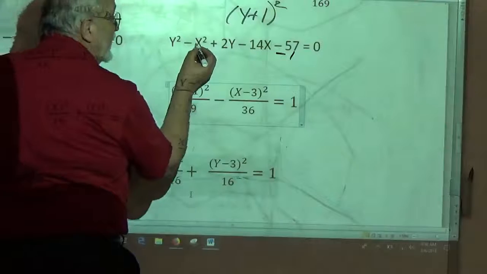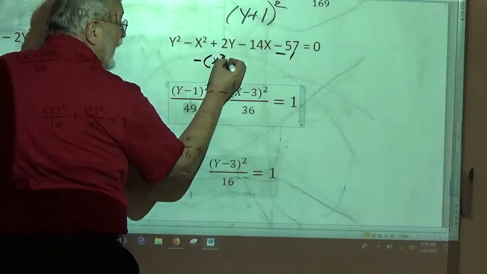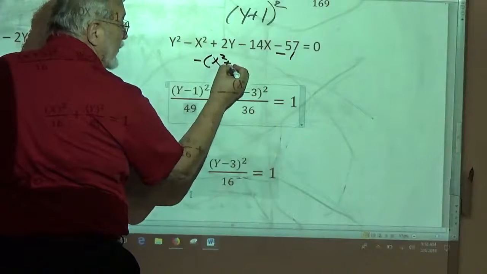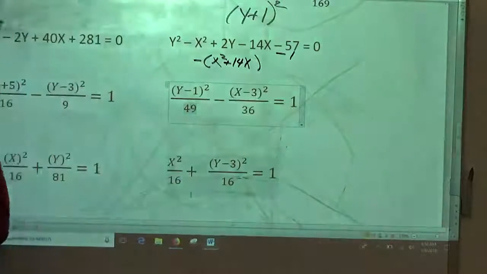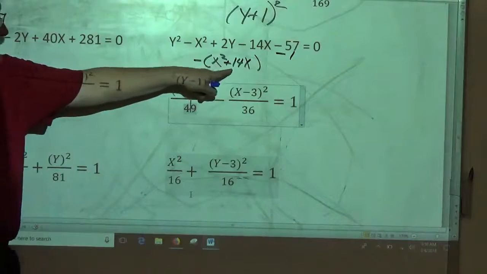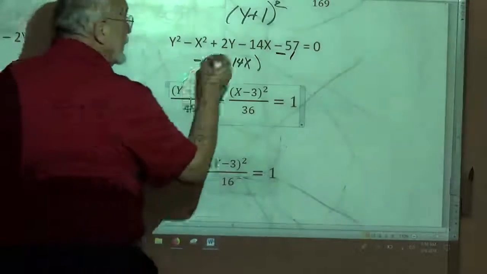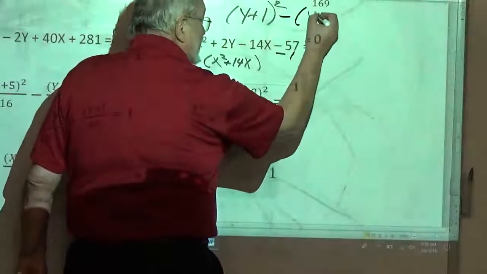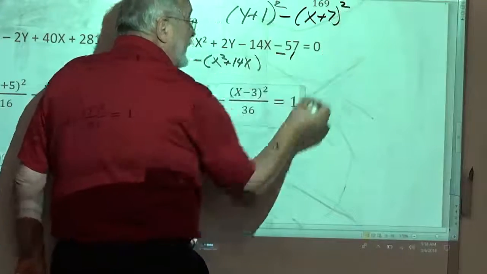Now what about the, here I have negative parentheses, x squared plus 14x. All right, how do I complete that square? Half the 14. What will that be? 7. So this will be minus x plus 7 squared.